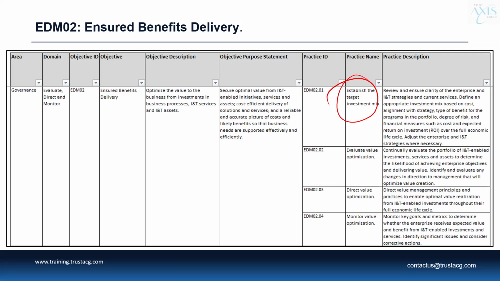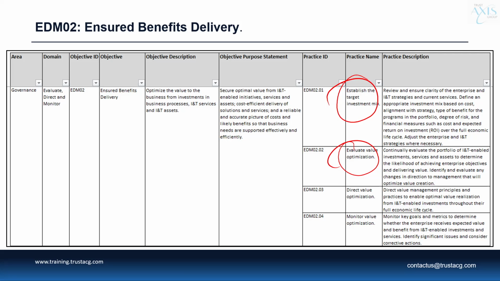Okay. So the other thing that could also be done is around evaluation of value optimization, the second practice, right? Now, this particular practice basically focuses on continuously assessing whether IT enabled investments and services are delivering the expected value.